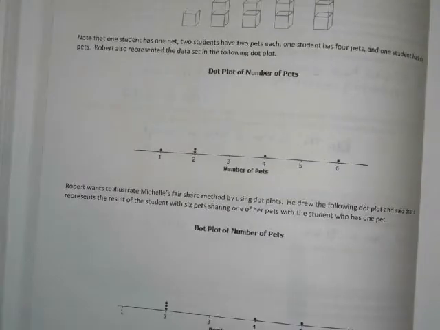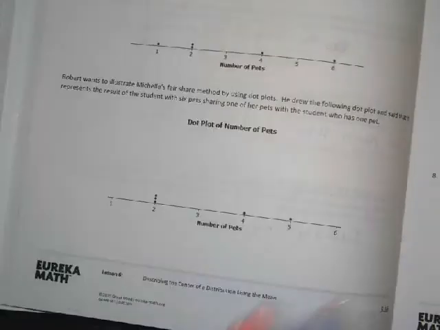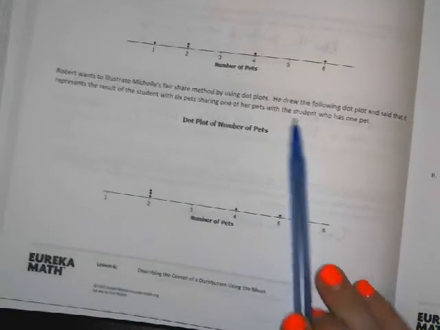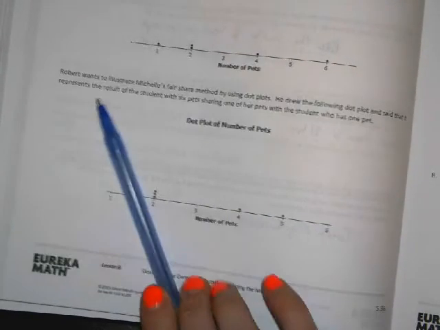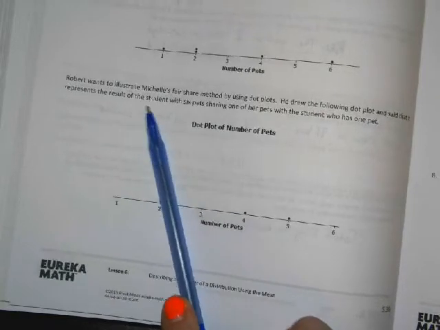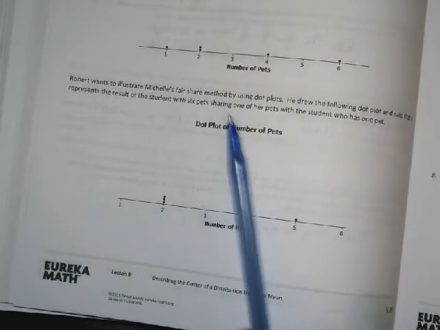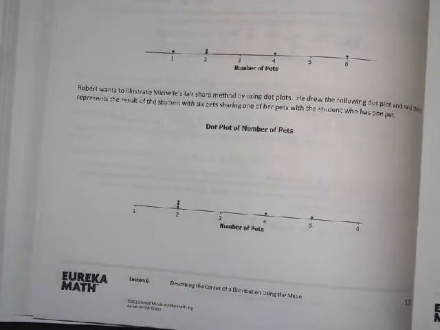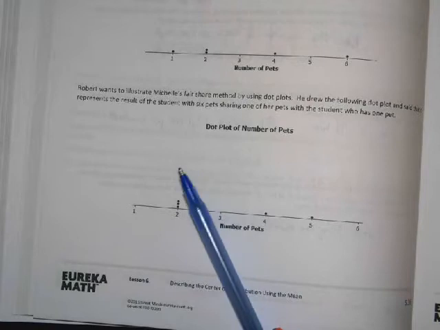You have the dot plot. And then it says he wants to illustrate Michelle's fair share method by using dot plots. He drew the following dot plot and said that it represents the result of the student with 6 pets sharing one of her pets with the student who has 1 pet. So I'll say that again.